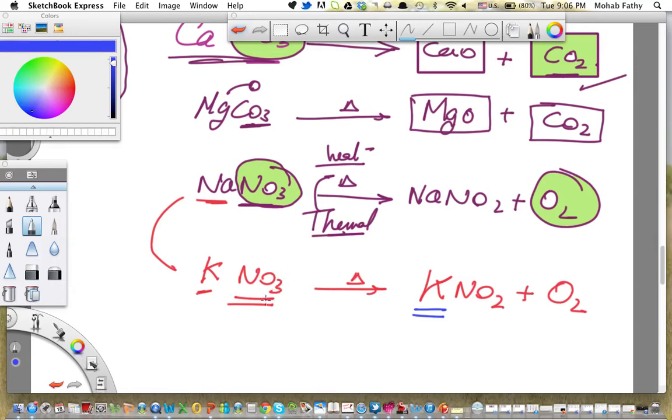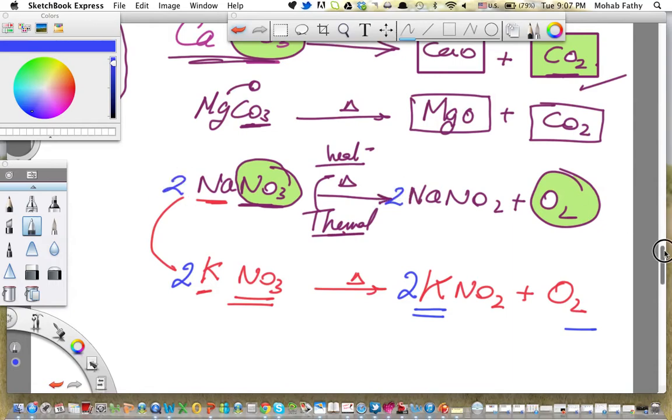This is an odd number, right? How can you make it an even number of oxygen? Divide by 2. You put here 2, right? 2 times 3 equals 6, and 2 times 2 equals 4 plus 2, it's 6. And the same for this equation: sodium nitrate when decomposed gives NaNO2 and oxygen, balance it with 2, 2 and 2.